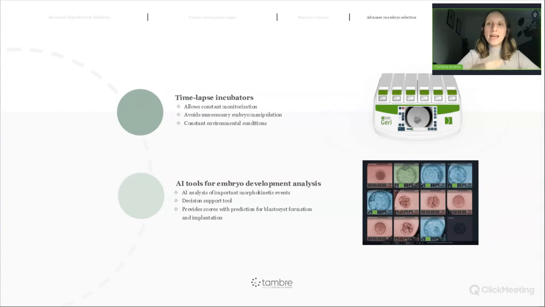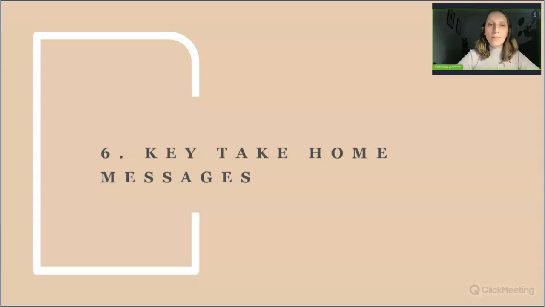So this helps us take better decisions in order to transfer first the embryo that has the best score. So the AI tool will provide us with a potential of implantation score that together with our evaluation, we can use to select the best embryo for the transfer, and therefore the one that has higher chances of implantation.